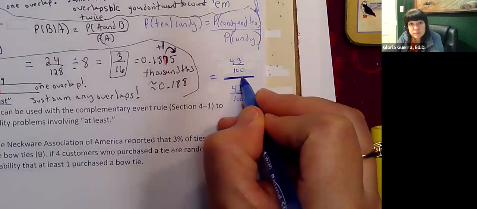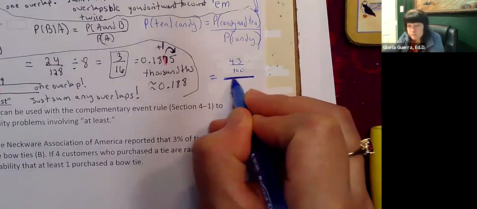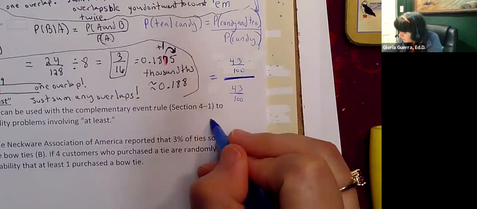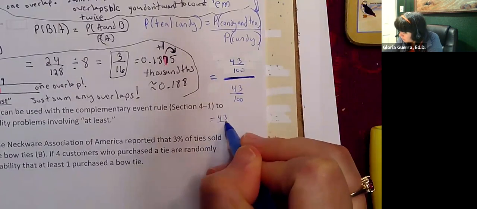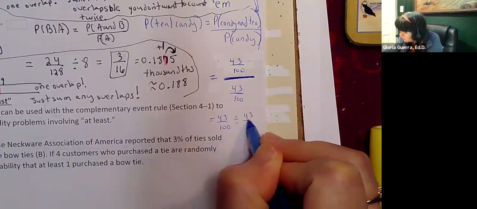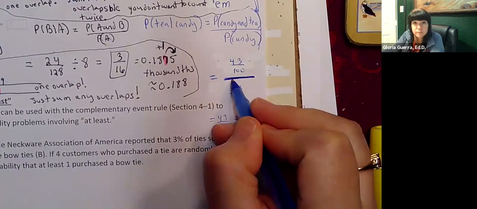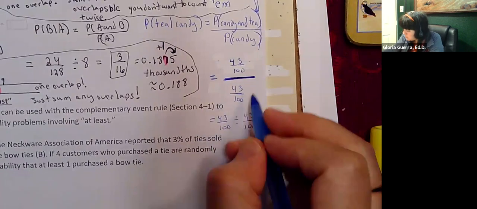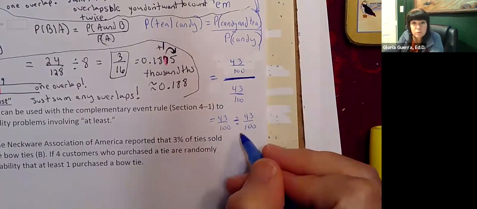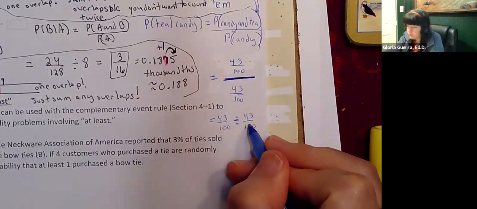But for the practice, like what I did on the other problem, when this gets rewritten, this fraction bar becomes the division symbol. So this would become 43 over 100 divided by 43 over 100. So this bar becomes this here. And then you change this to times and you flip this.